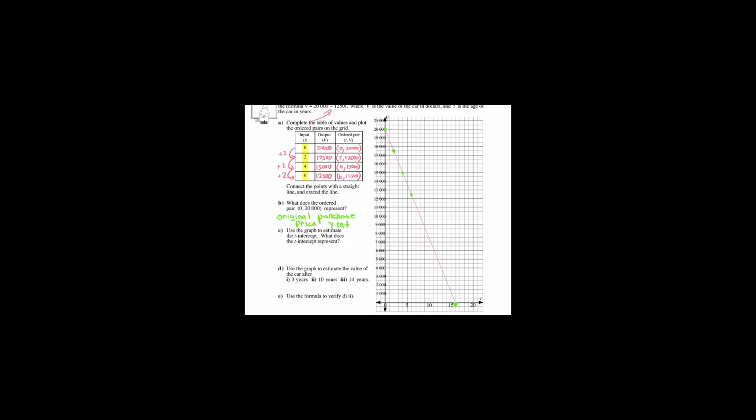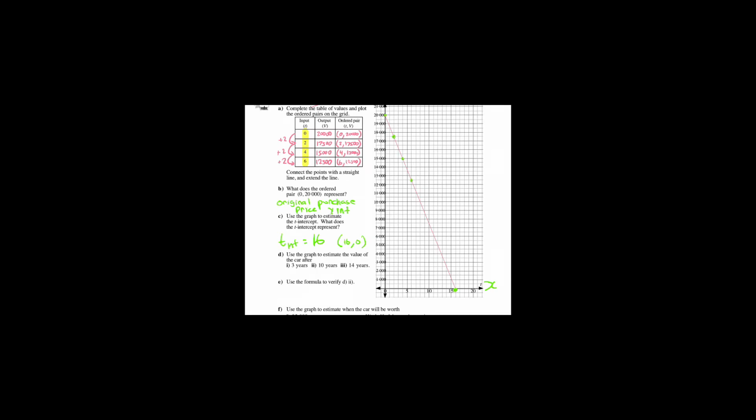Okay, use the graph to estimate the t-intercept, which t is our x. So we already did that. It should be around 16. So t should equal 16. The t-intercept should equal 16. Okay, which is going to have the ordered pair of 16x and 0y.